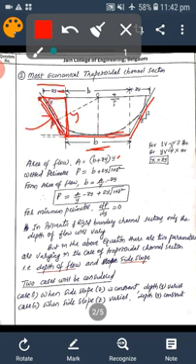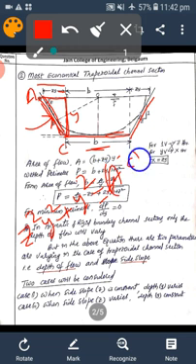Apply the Pythagoras theorem: Z square Y square plus Y square is equal to AC square.